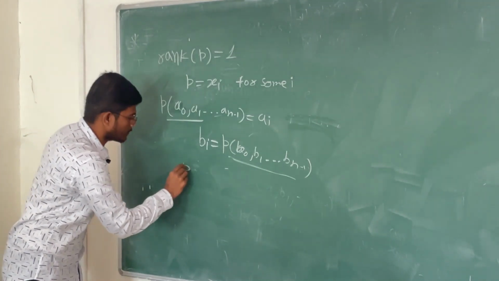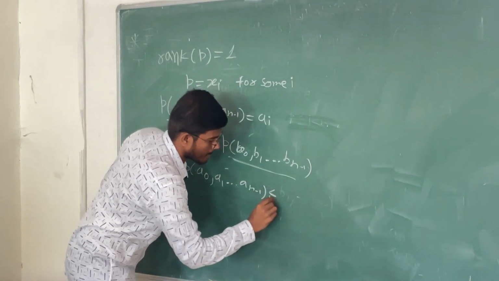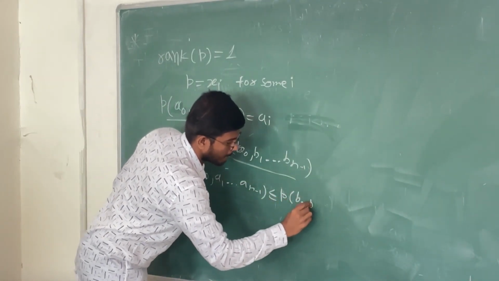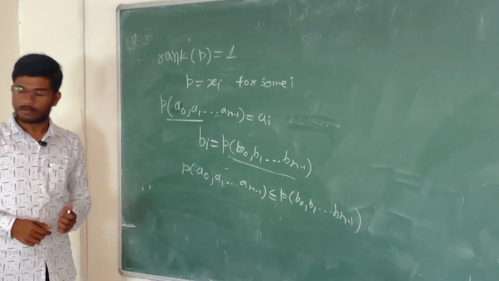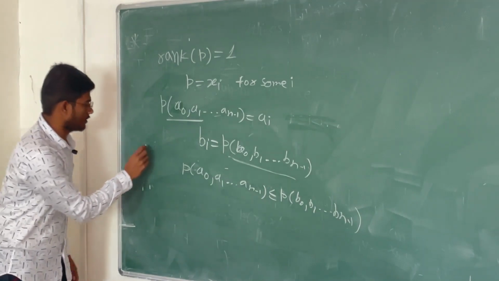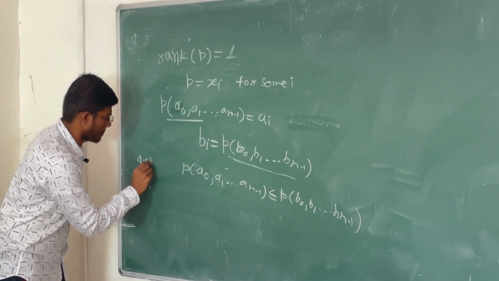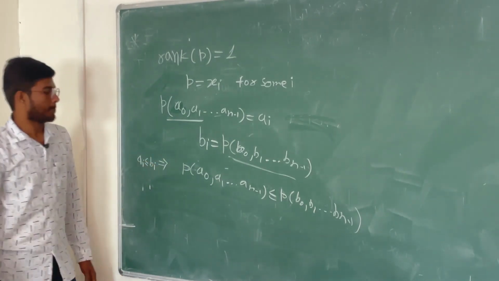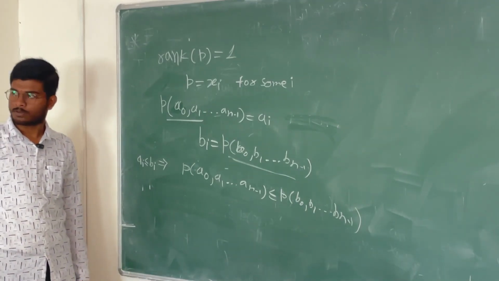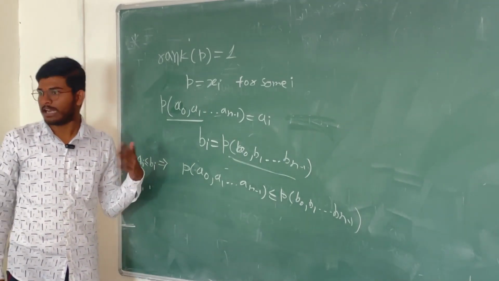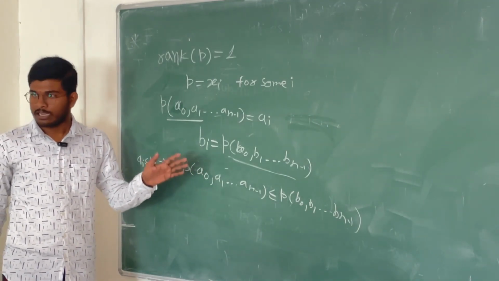So ai is less than or equal to bi, this is given to us. This implies p of a0 up to an minus 1 is less than or equal to p of b0 up to bn minus 1. Is this clear? So for the polynomial having rank 1, we have proved that the result holds, that is, polynomials having rank 1 are isotones.